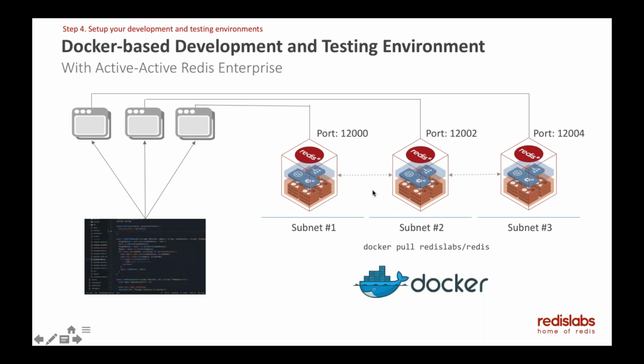And internally, we connect these subnets whenever we want, and we disconnect these subnets whenever we don't want them. If you want to test how your app works with a split network, you just disconnect these subnets, these routes. And these are all deployed on Docker. I will show how to do that, but I'm sure you're getting an idea here.